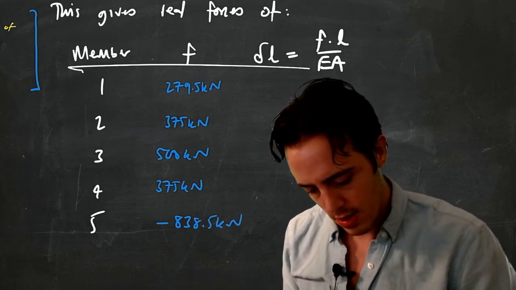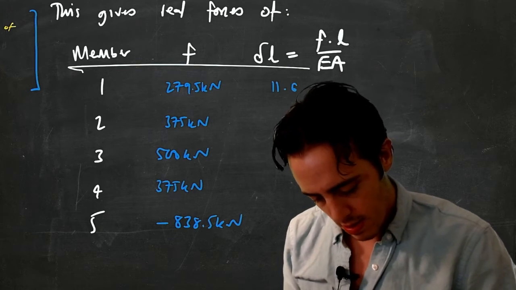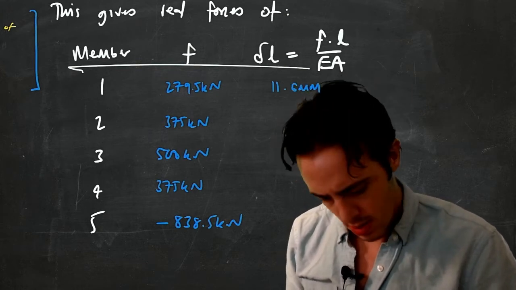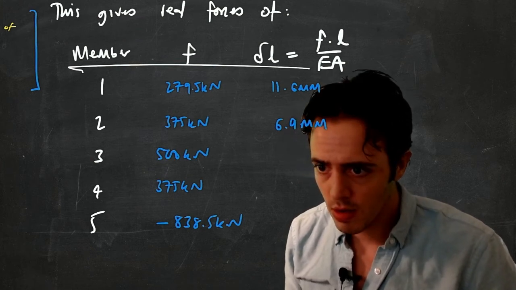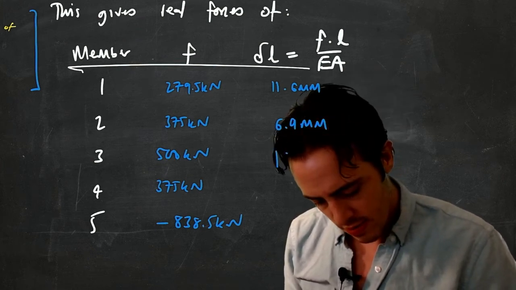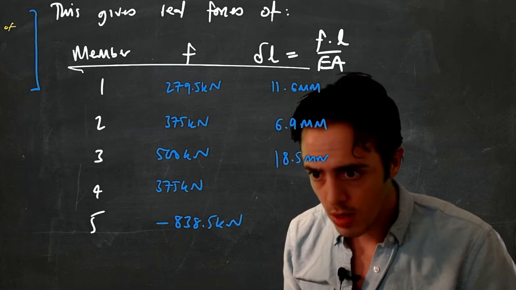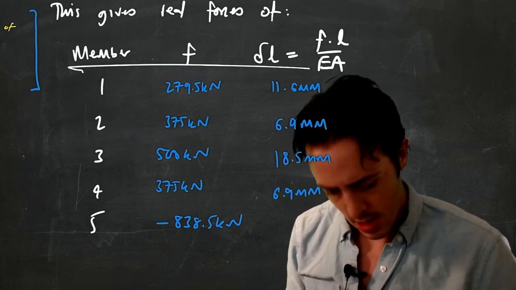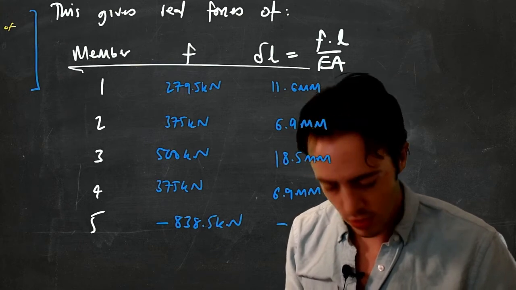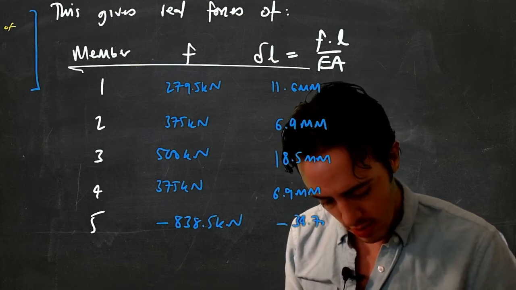Now these give us 11.6 millimeters of extension, 6.9 millimeters of extension, 18.5, 6.9, and a contraction in member 4 of minus 34.7 millimeters.